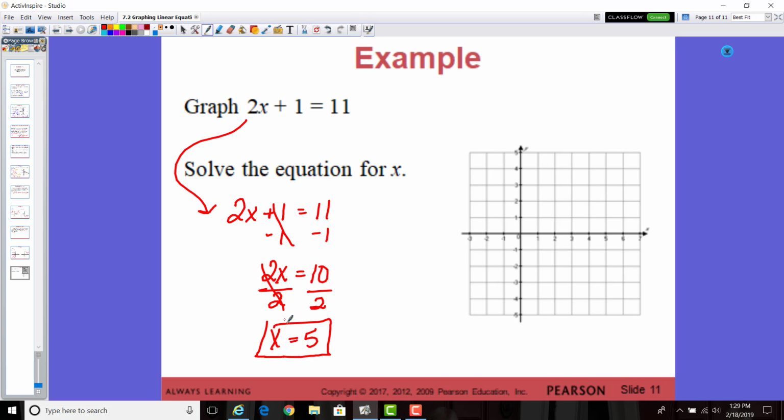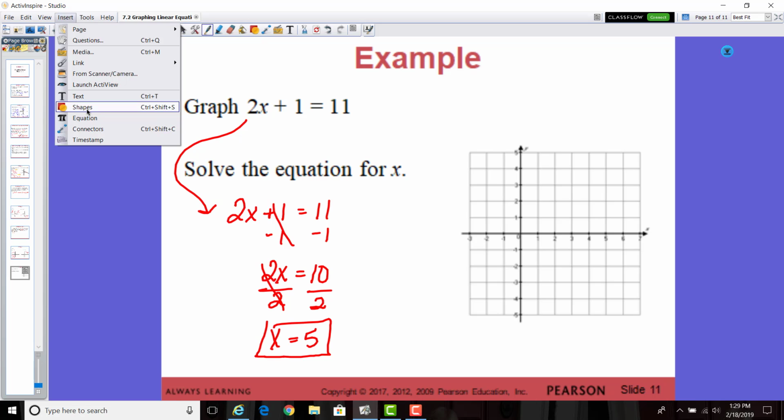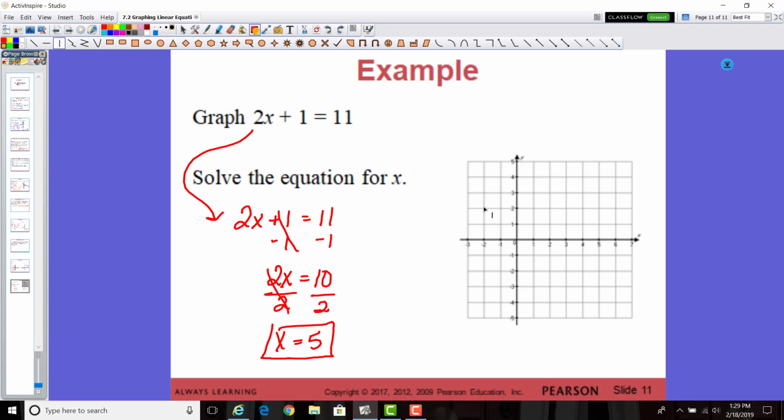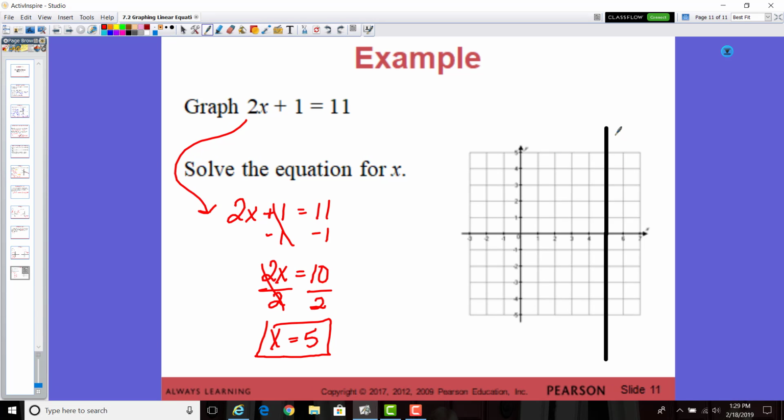So my solution to the equation is x equals 5, but my graph will be a vertical line where every point on that graph has an equation where x equals 5. So no matter what point I pick here, all of these highlighted points have an x value of 5. Their y values will change, but x will be 5 here, x will be 5 here, x will be 5 here, and so on and so forth.